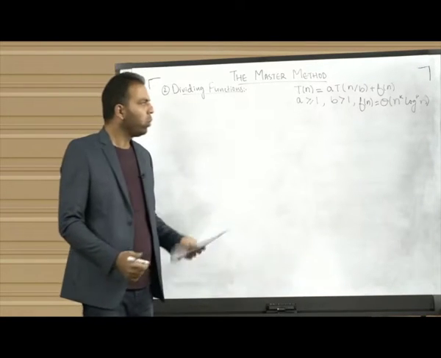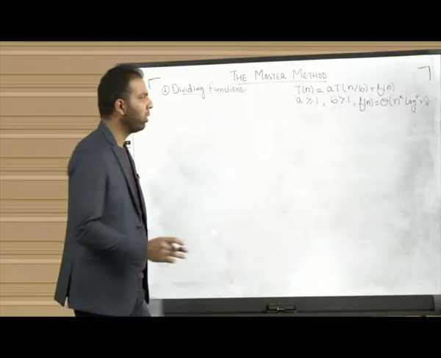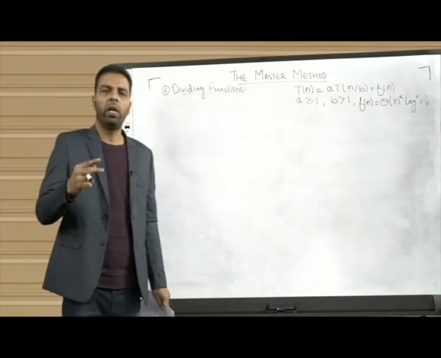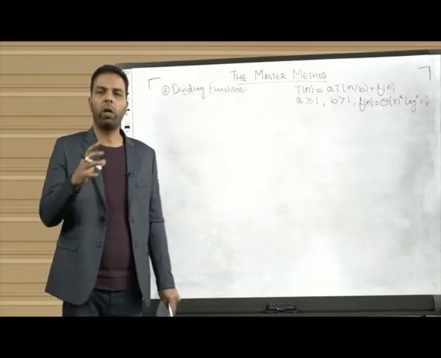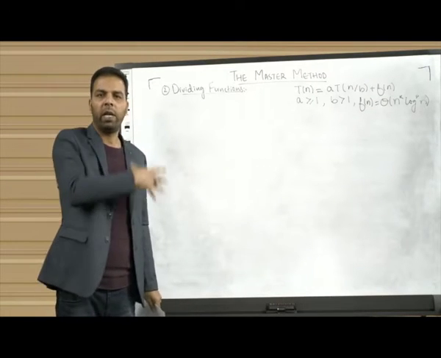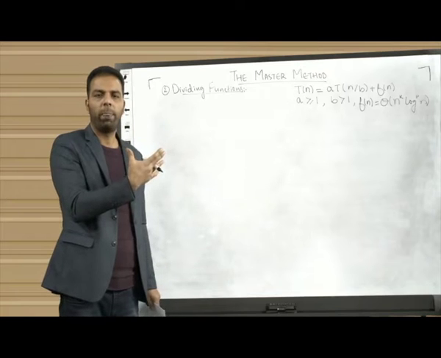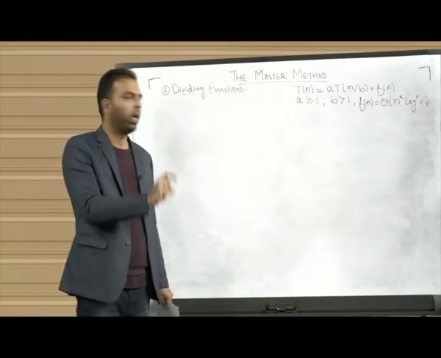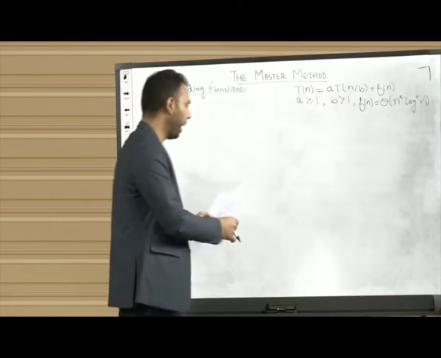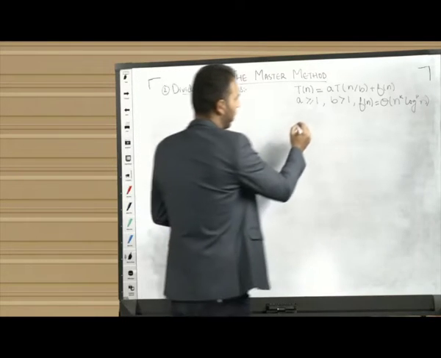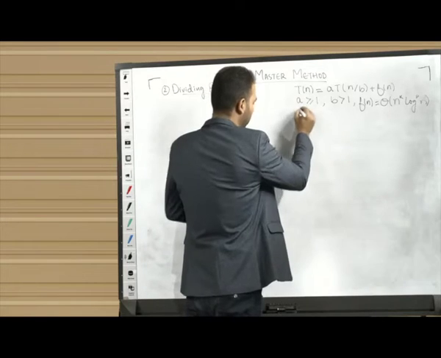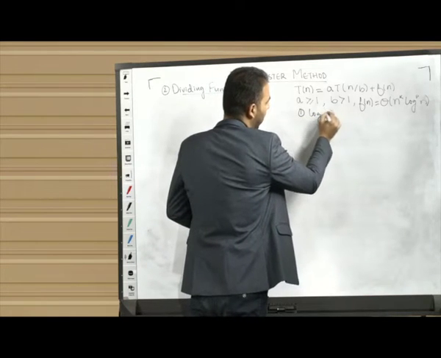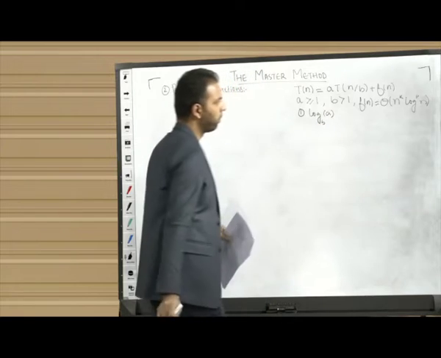In order to focus on the cases, you have to remember this template. In the previous case, we had to only look at a, whether a was equal to 1, less than 1, or greater than 1. But here we have to consider two things. The first thing is log of a to the base b.